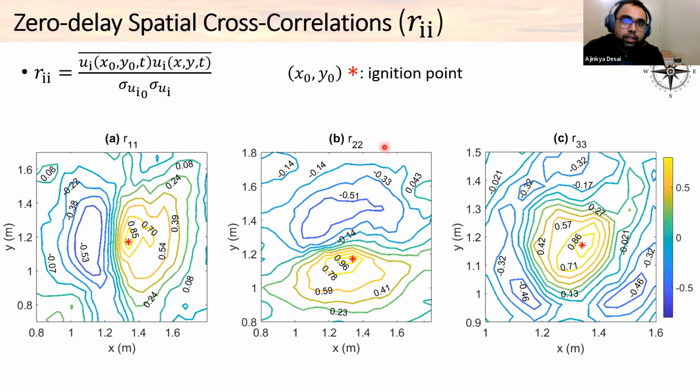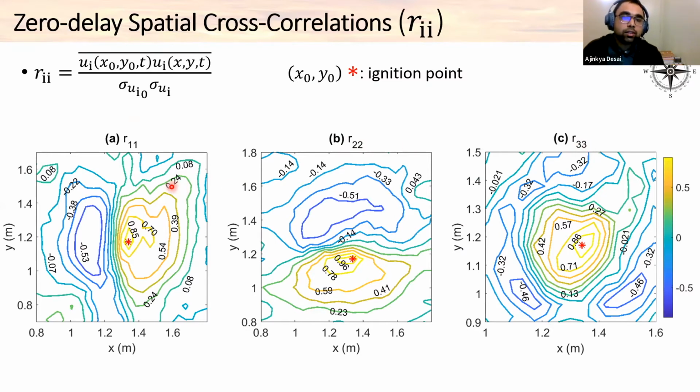What you're looking at over here, moving on to now coherent structures, we just looked at the flow visuals. What you're looking at over here are cross-correlation contours. So for the streamwise velocity, the u velocity, that is longitudinal velocity, the transverse velocity, that is the v velocity, and for the vertical velocity, i.e. the w velocity.